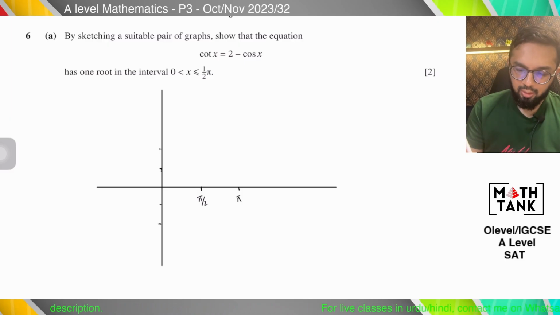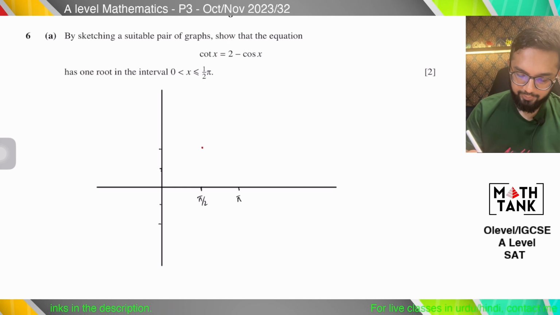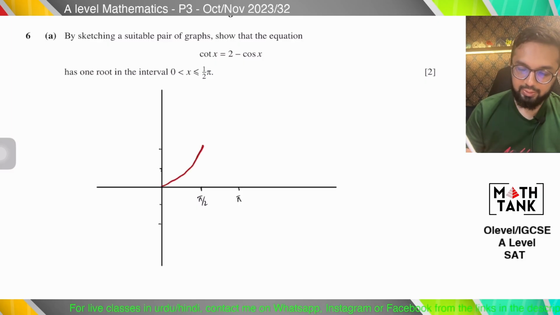So the graph of cos x would look like this. A minus cos x would instead look like that. And a plus 2 would mean everything moves 2 units up. So it's going to start here and go like that. Okay, so that's the graph of 2 minus cos x.